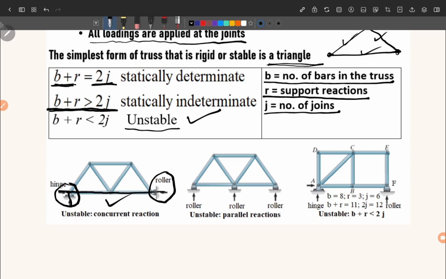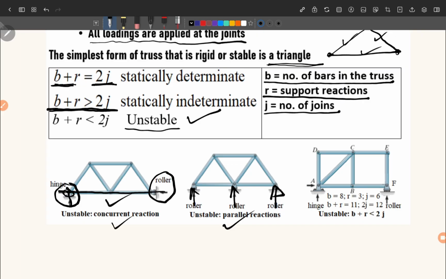If we extend the line of this reaction, they are meeting at one point. So this is unstable, okay, because the reactions are concurrent. Another condition for external stability: if you see here, these three reactions in the second figure are all rollers, so the reactions are parallel, and this is also unstable.